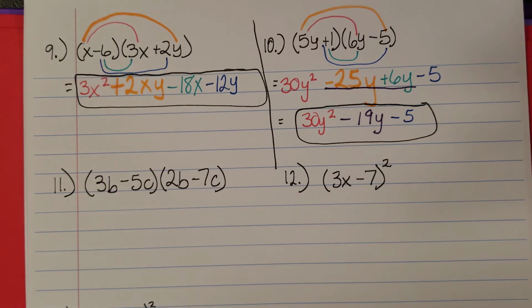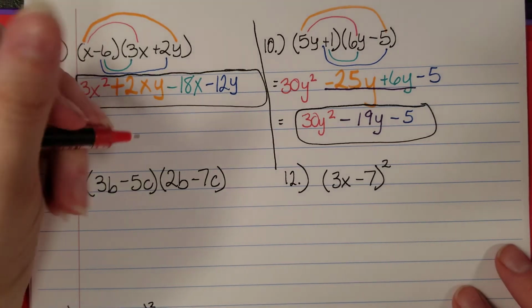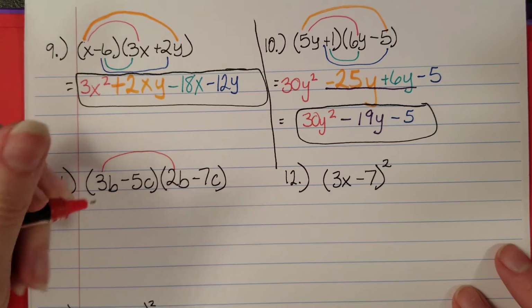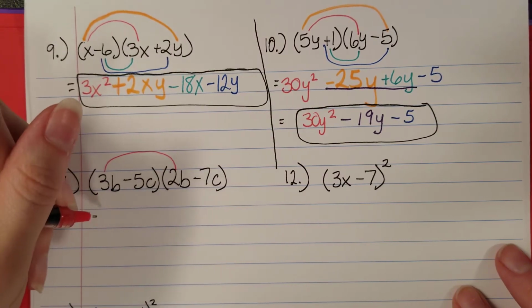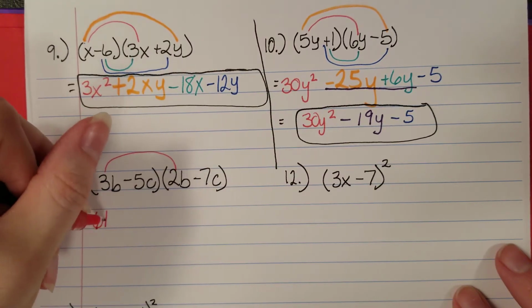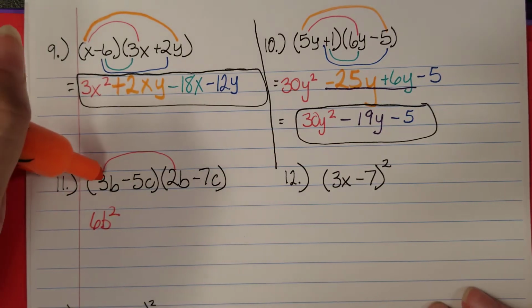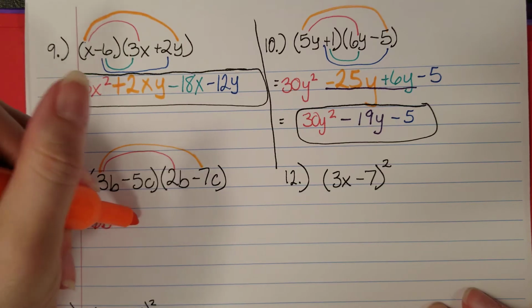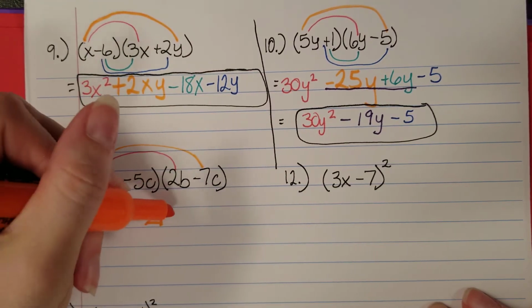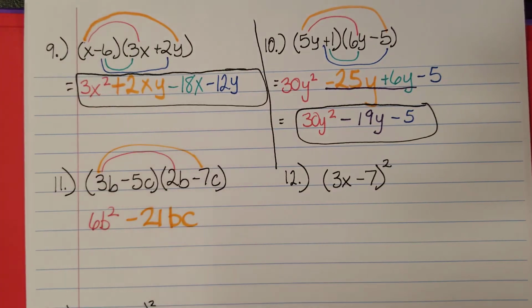So number 11, again we're FOILing. So first, that's going to be 6b squared. Outside, that's negative 21bc.